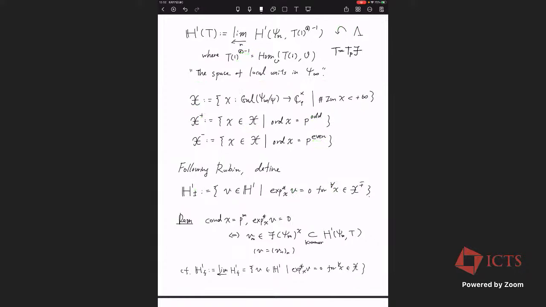It seems a little strange to consider such subgroups, but you should note that if v is killed by the χ-part of the dual exponential, then the kernel of the dual exponential is H^1_F, the rational points.